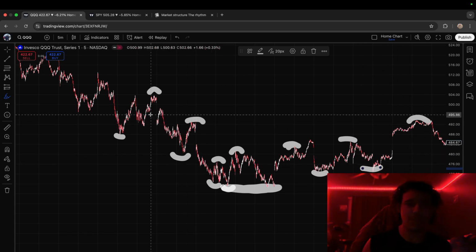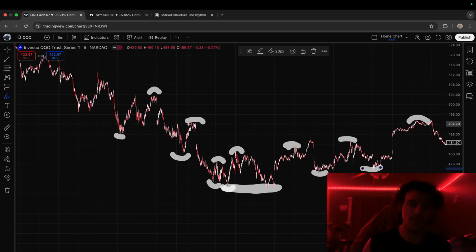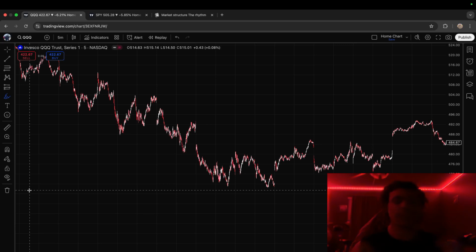Because now instead of making lower highs and lower lows, we have a higher high, came and couldn't break the last lower low. We have the same low, and now we have another higher high, and now we have a higher low. Okay, so that's a reversal from the downtrend to an uptrend.